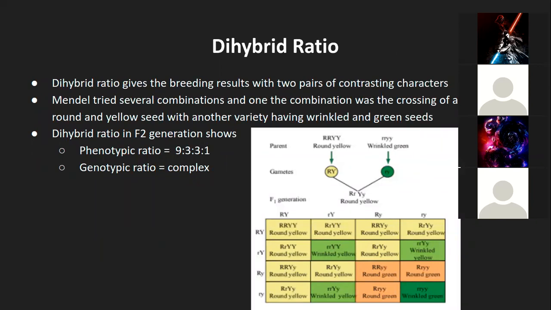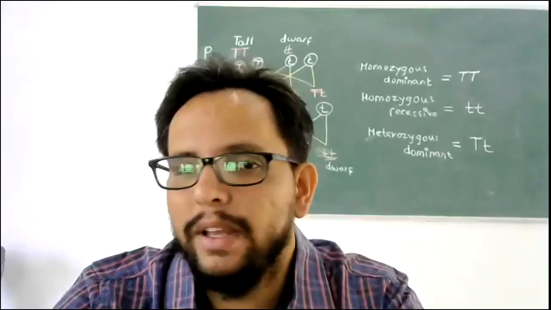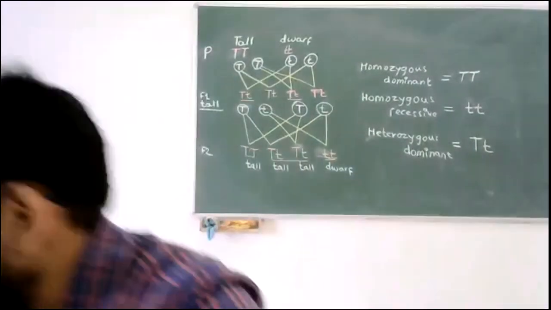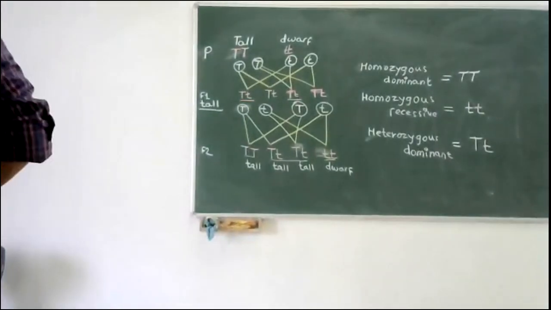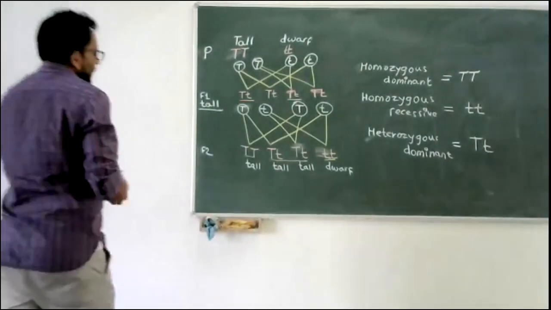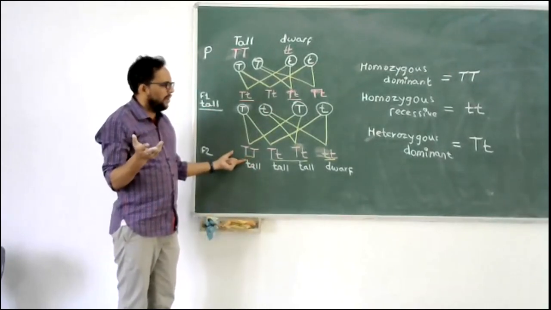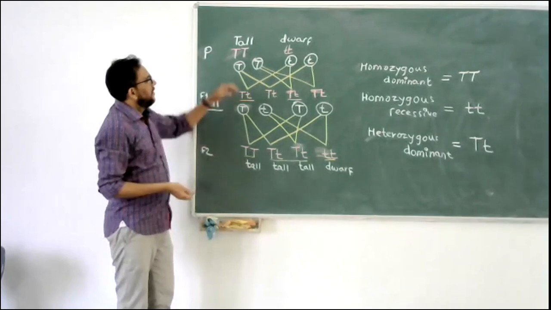we will not go into the dihybrid cross today. We will start that in the next class. But we can go over those different types of crosses now. So whatever we get here in the F2 generation, I guess in someone's class, we had asked this question.